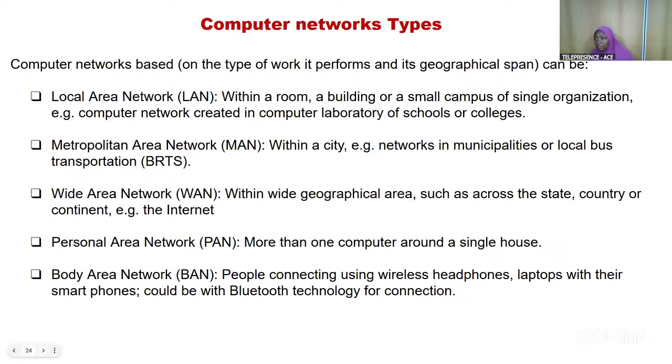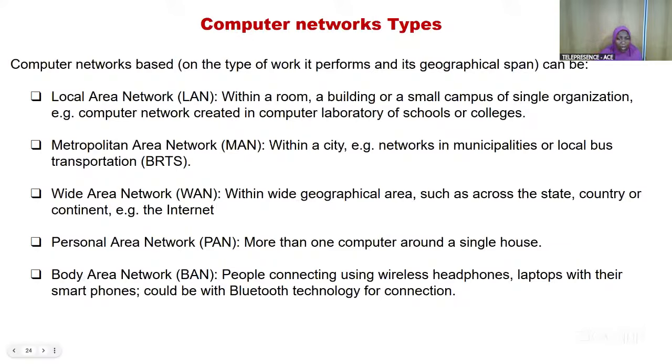And in talking about computer networks, it depends on the geographical span or the reach of your network. I mean, your resource space. It could be a local area network, LAN, if it's within a room. It could be a metropolitan area network, MAN, if it is within a municipality.